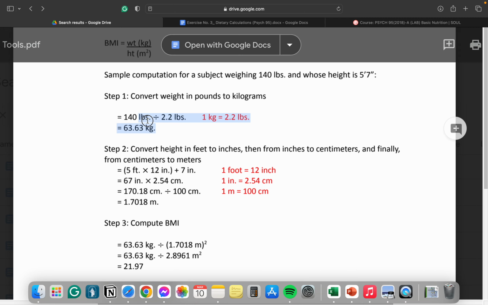Alright, so we skip step one because in this we convert weight in pounds to kilograms. We don't use this because again we're using the metric system, so we are already measuring weight in kilograms.